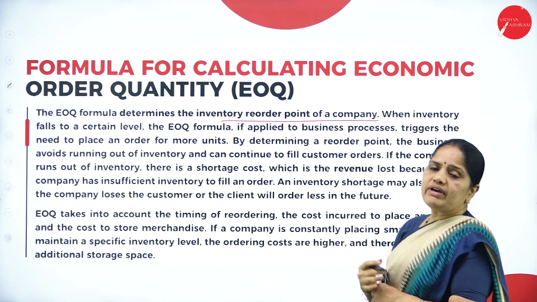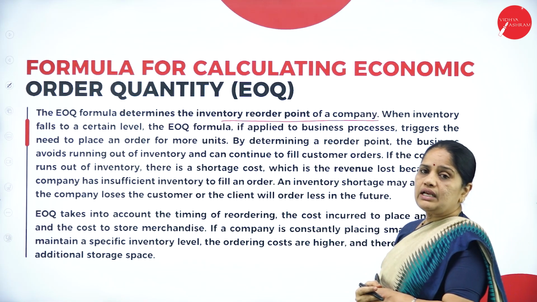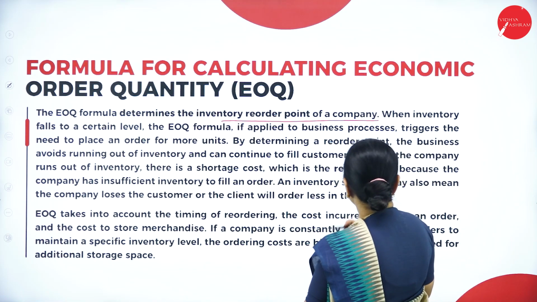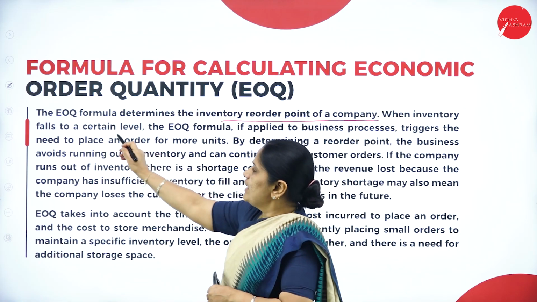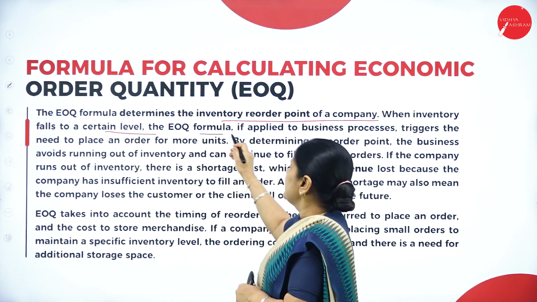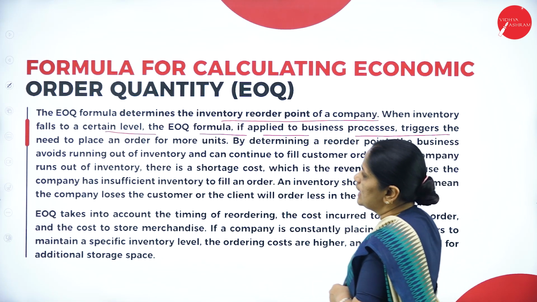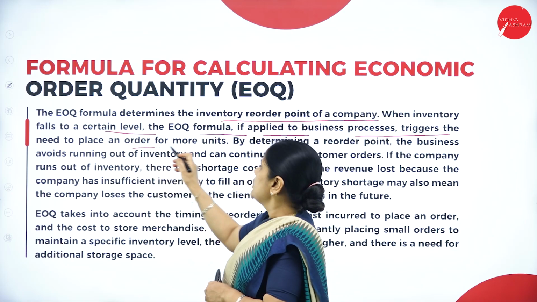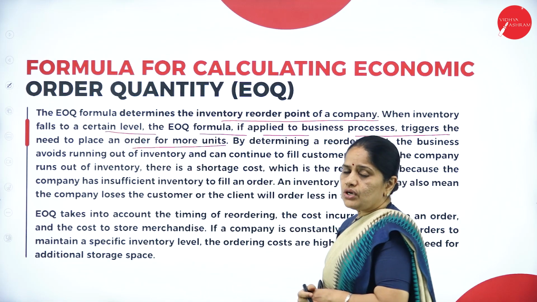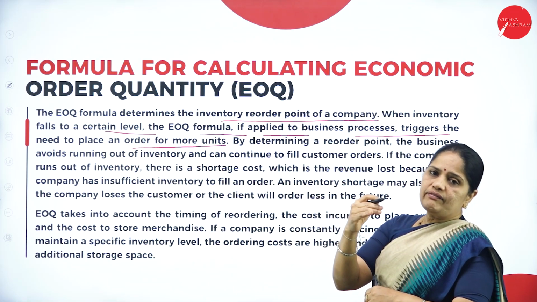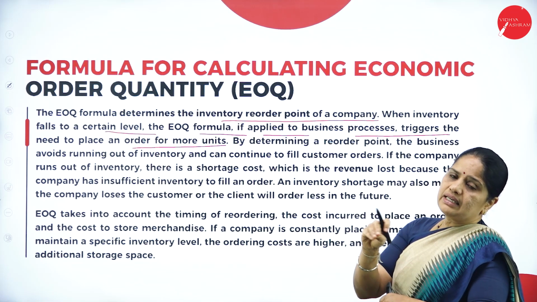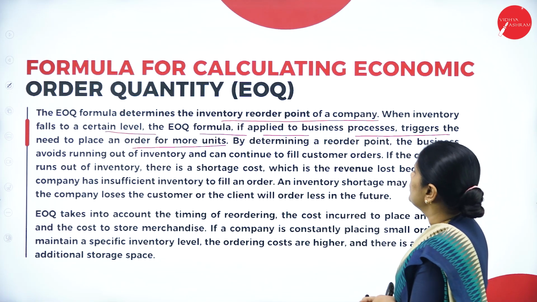Then it determines the inventory reorder point of a company. So what is the level at which the company has to reorder for a fresh batch of raw materials? When the inventory falls to a certain level, the EOQ formula, if applied to business processes, triggers the need to place an order for more units. So when it reaches a certain level, then it will trigger the company to place a new order.